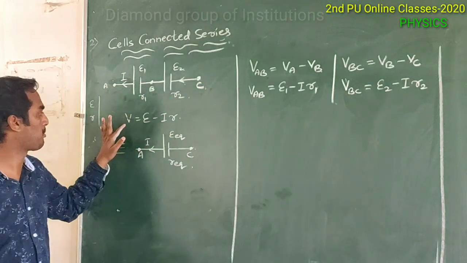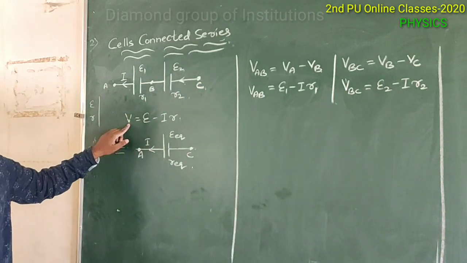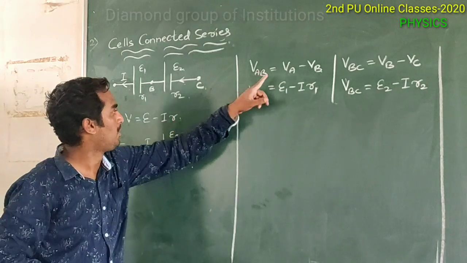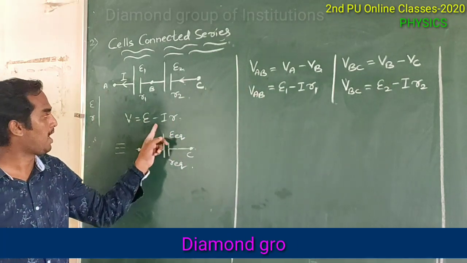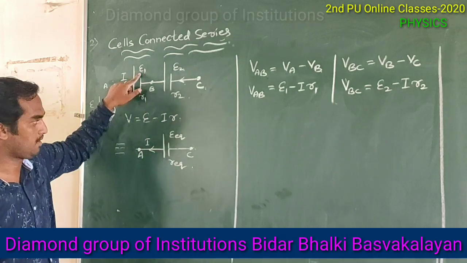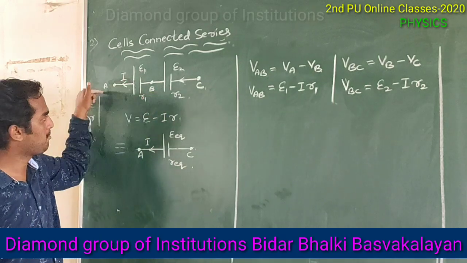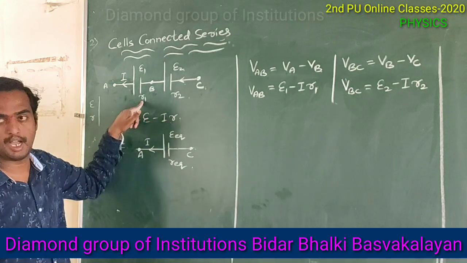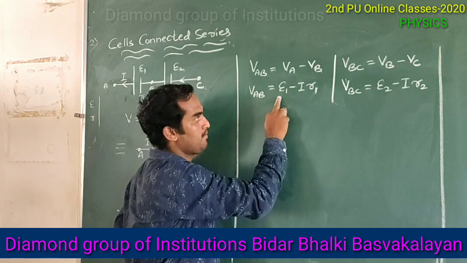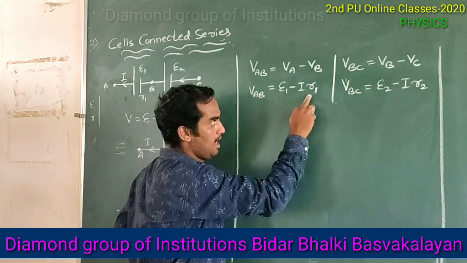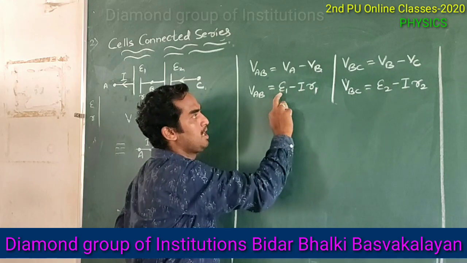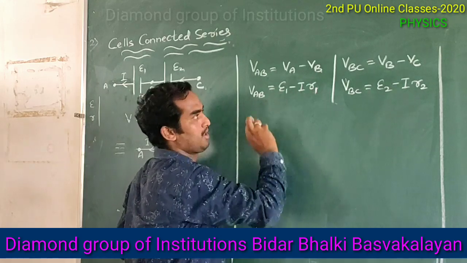What is the terminal potential difference formula? V equal to E minus I into R. Here E indicates E1, the current is the same, and the internal resistance is R1. So we can write VAB equal to E1 minus I R1. What is the same here? The current. What is different? E1 as well as R1.